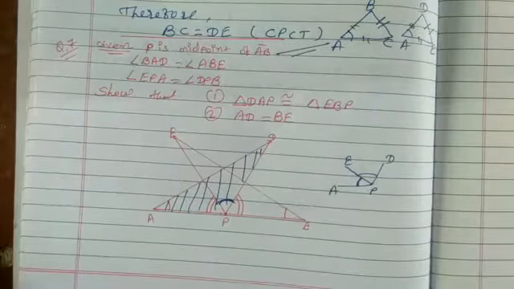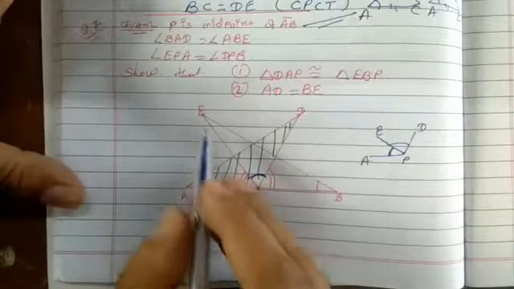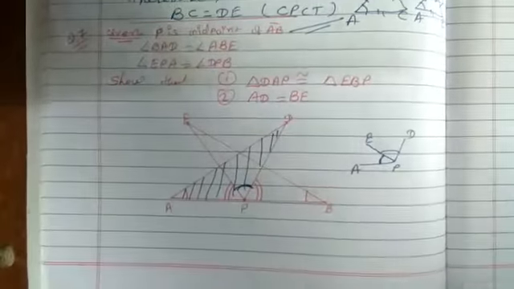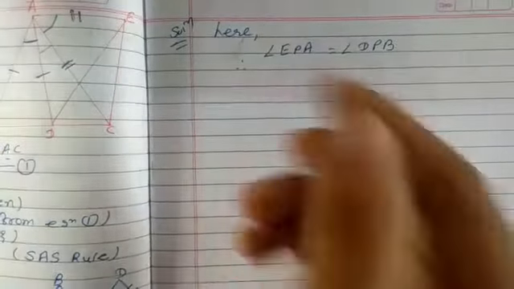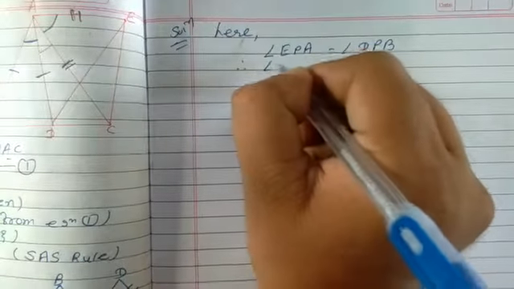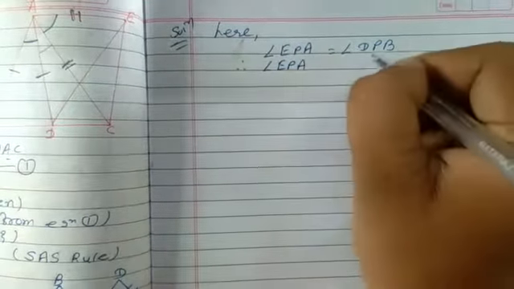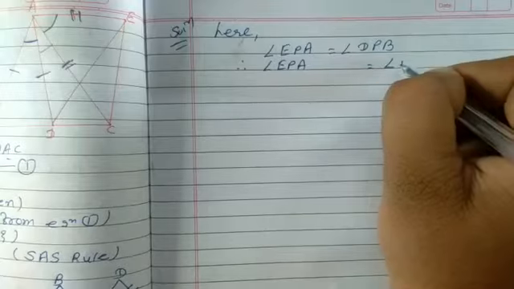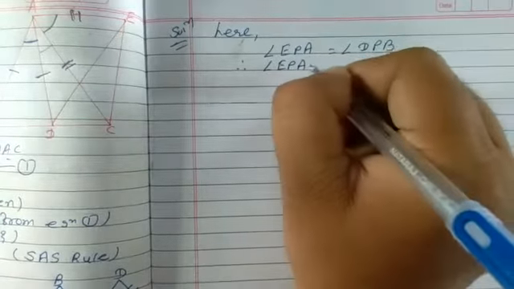Am I right? So add both sides, okay, both sides adding EPD, like question number 6. That's why angle of EPA is equal to angle of DPB.